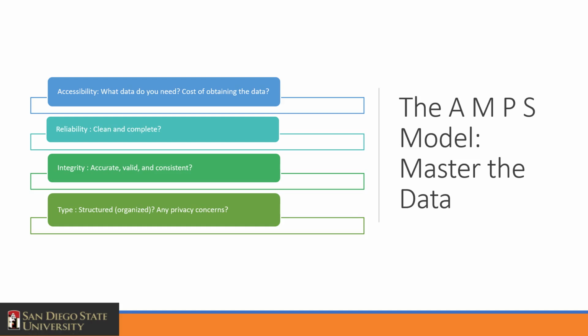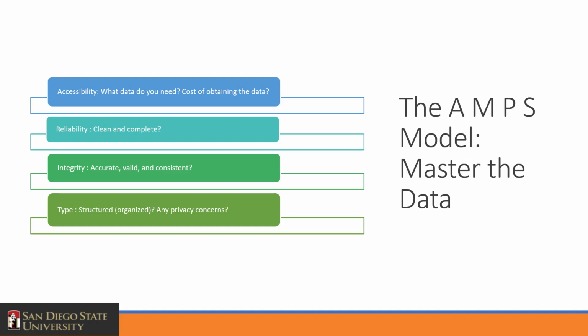It asks what type of data we need, and how much does it cost to obtain the data? If it's too costly, we are not going to get the data. Whenever we're trying to get some information or data, we always compare the cost of acquiring and analyzing the data with the benefit of having the data. So that's accessibility.